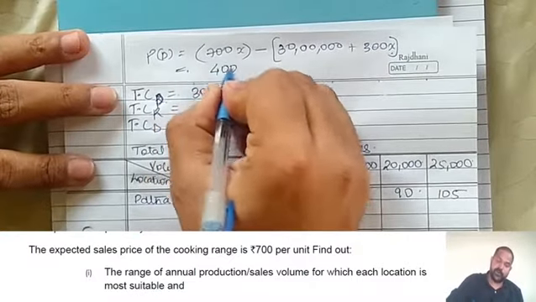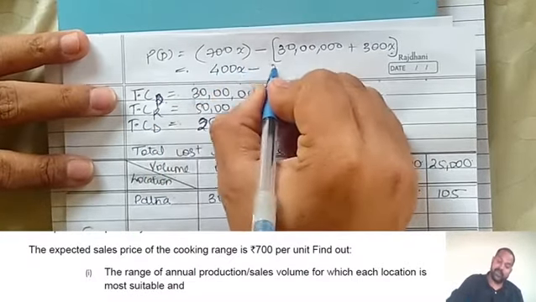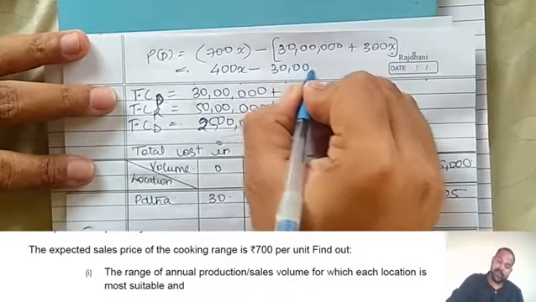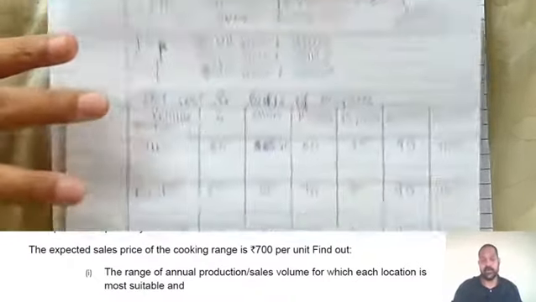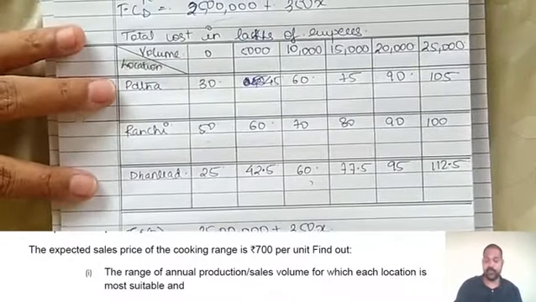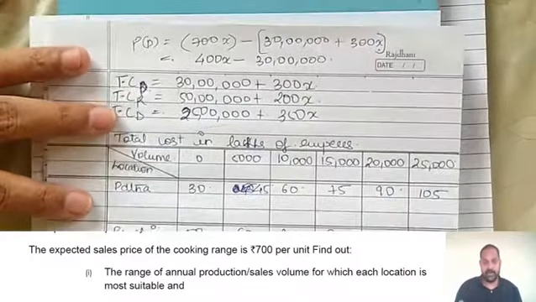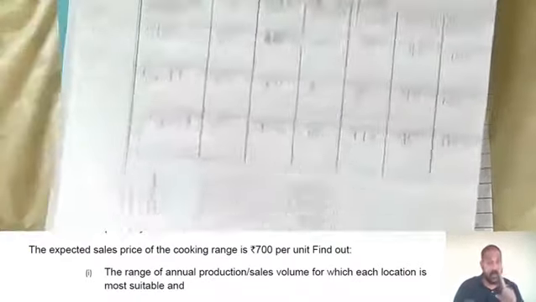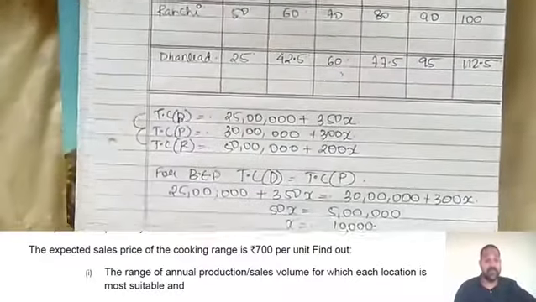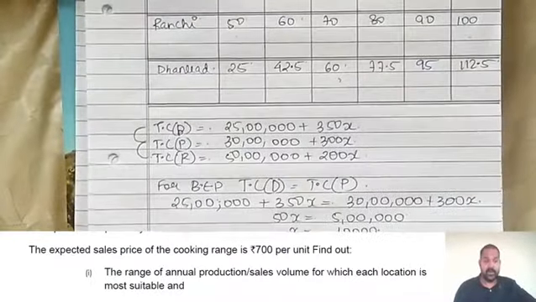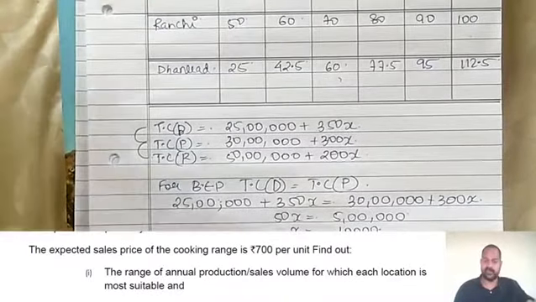So your profit curve would be 400X minus 30 lakh. And now I would start substituting 5,000, 10,000, 15,000, 20,000 and finding the total profit. Now, if I was doing this with a graph based criteria, then the highest line would be the best line.